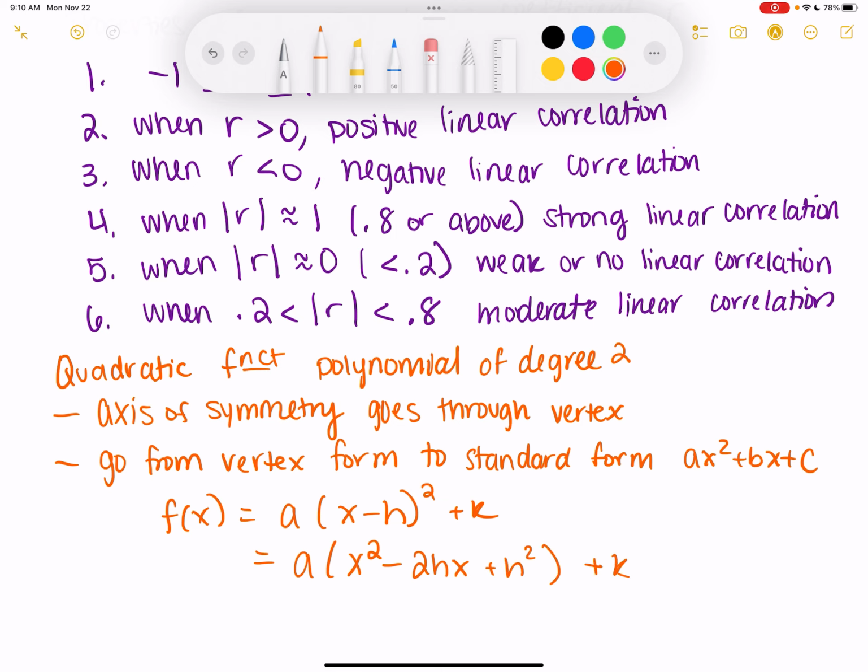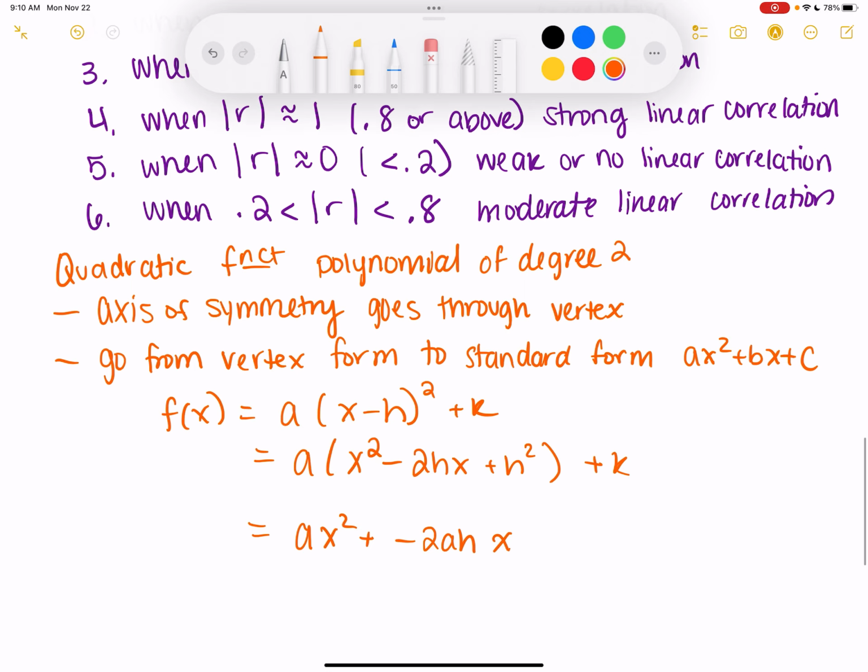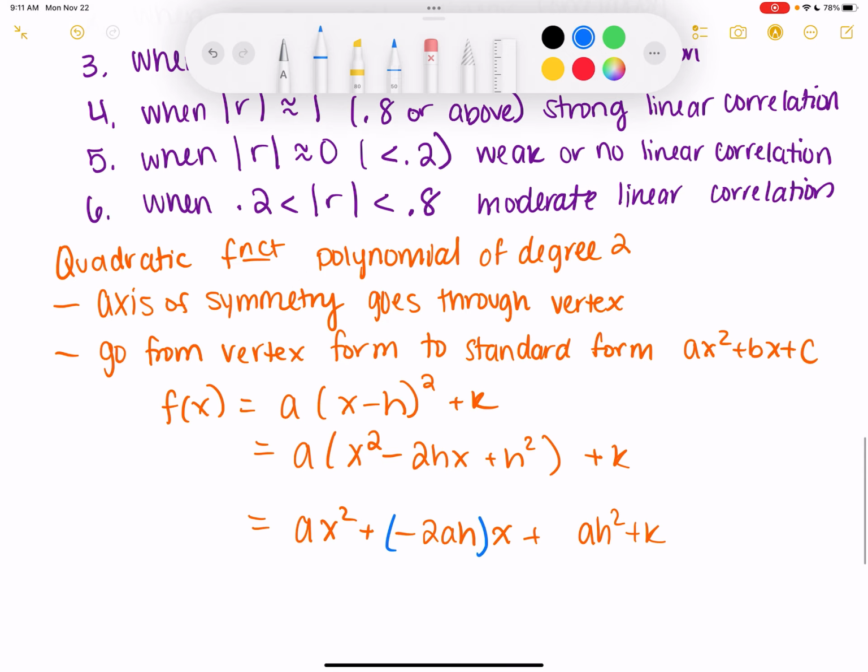All I'm doing is just foiling the x minus h squared for that step. So then I would get ax squared plus negative 2ah times x plus ah squared plus k. So just so you can see the form, the negative 2ah is the constant in front of x, and then ah squared plus k is the constant term.